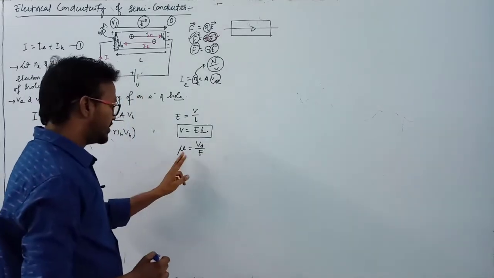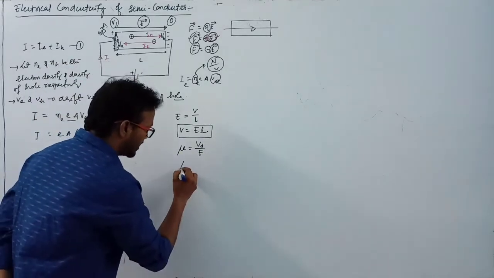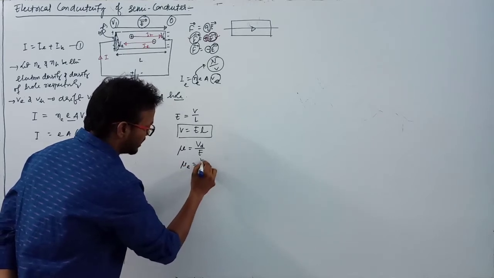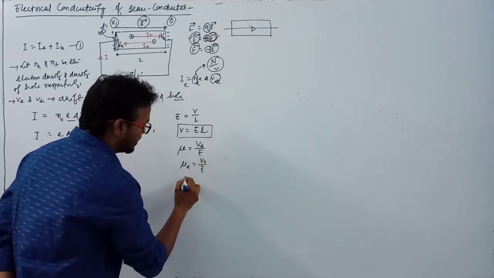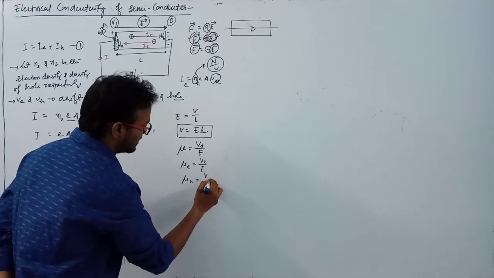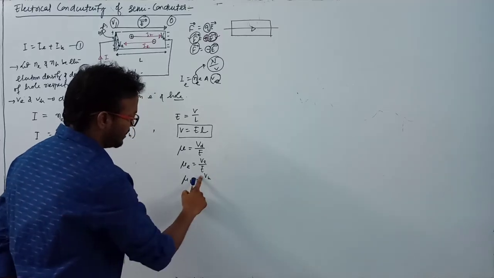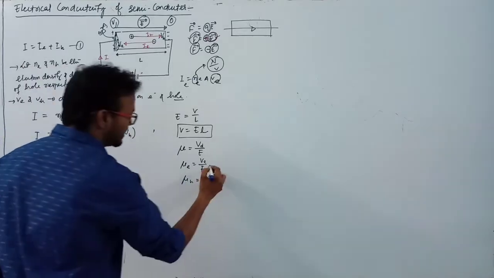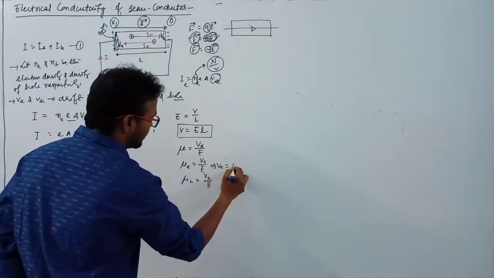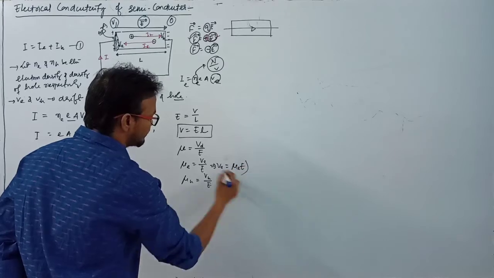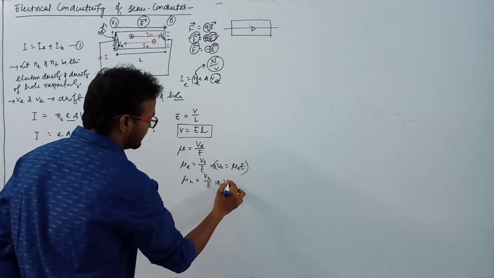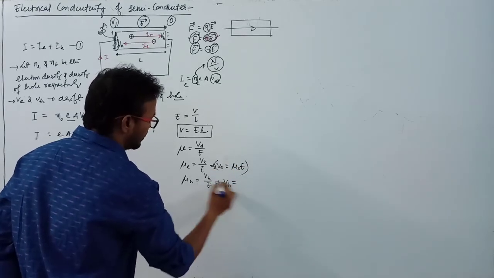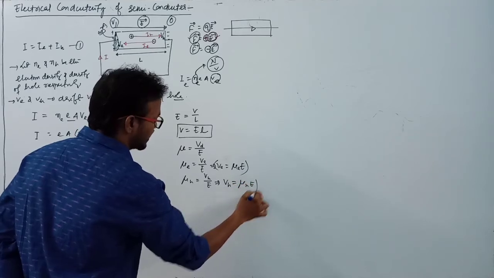This is the mobility of an electron: mu E equals VE by E, and the mobility of a hole is mu H equals VH, the drift velocity of the hole, divided by E. Using this relation, VE equals mu E into E, and VH equals mu H into electric field.